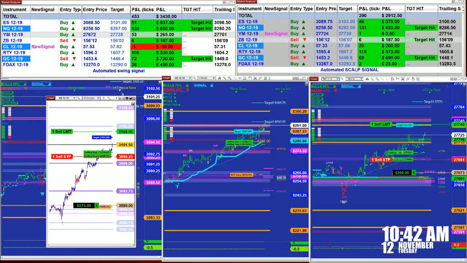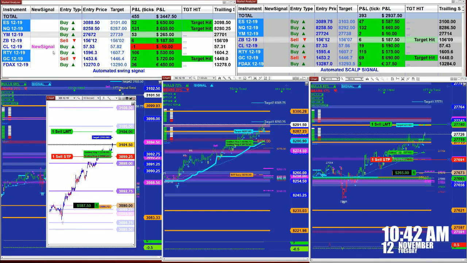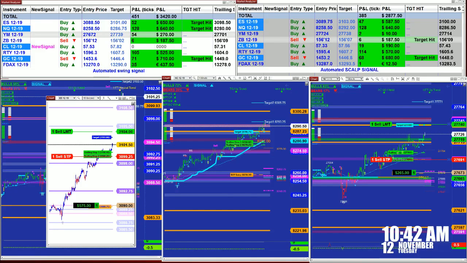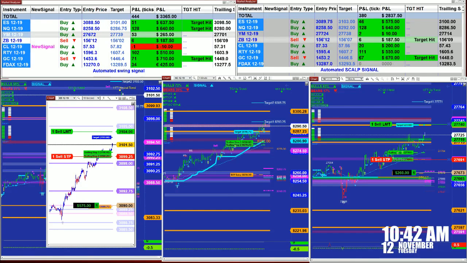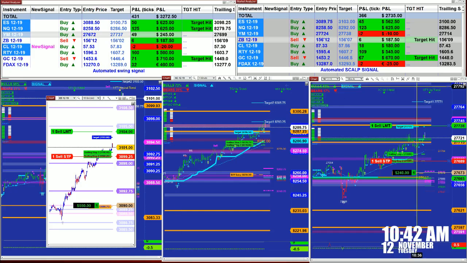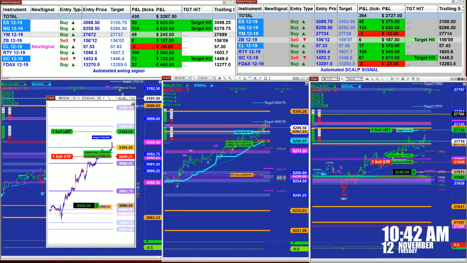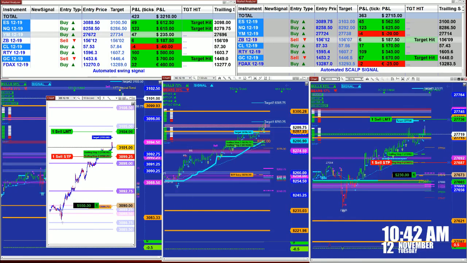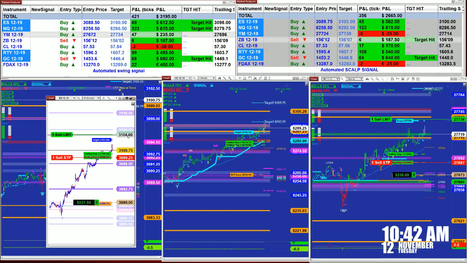A new signal on the CL, on the swing trading, is up to you if you want to take it or not. At the moment, with the swing trading, 416 ticks, on the scalper, 348 ticks.